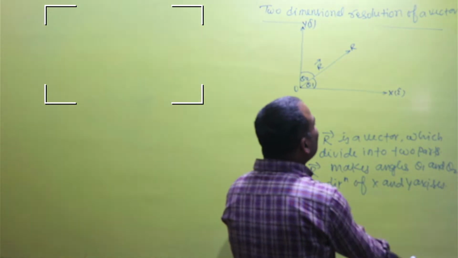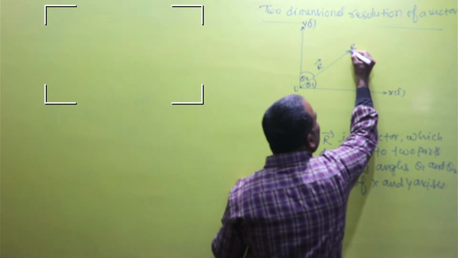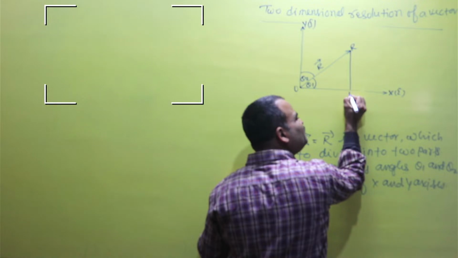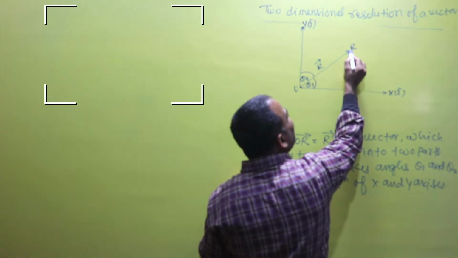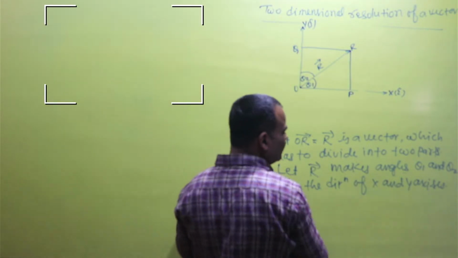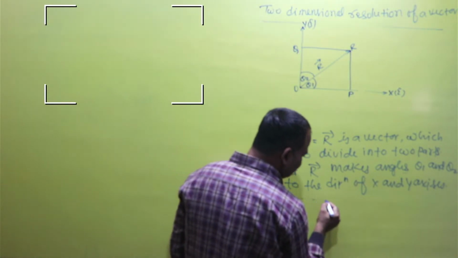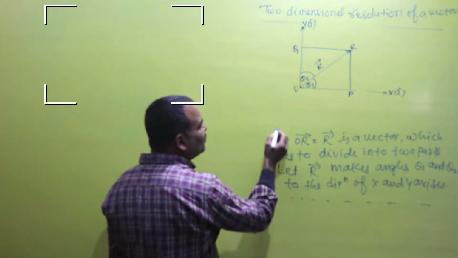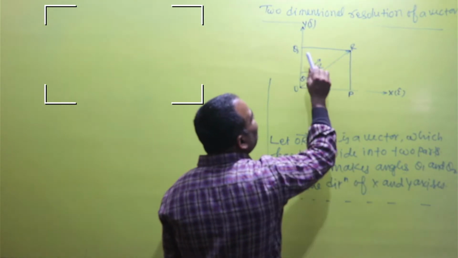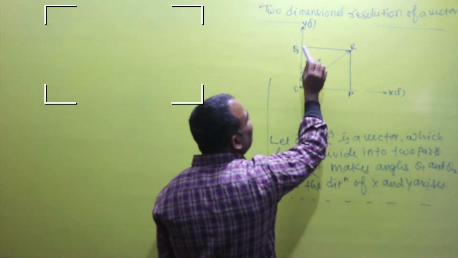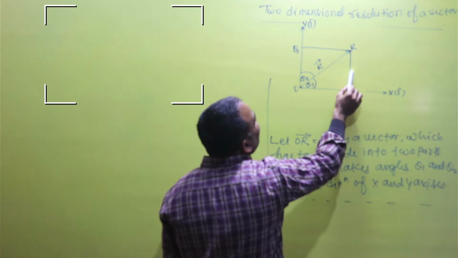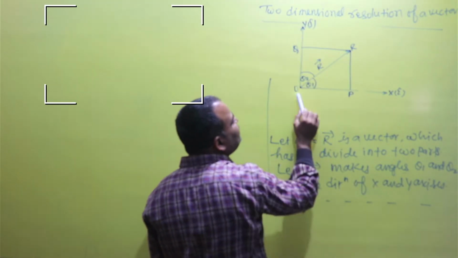We have to draw a normal RP and a normal RQ. So we can write, now drawn a normal RP and RQ at x and y axes respectively.